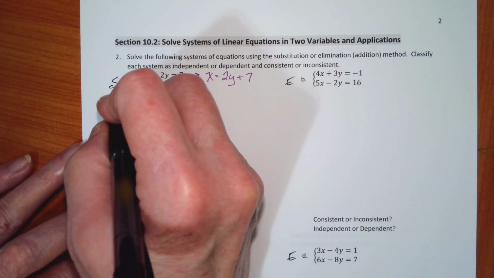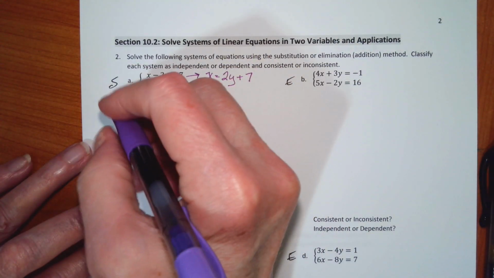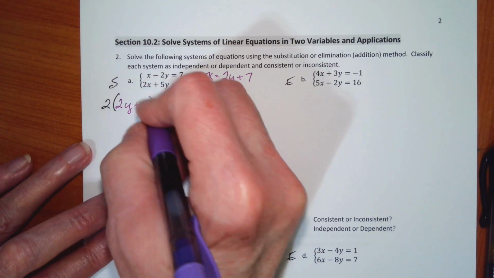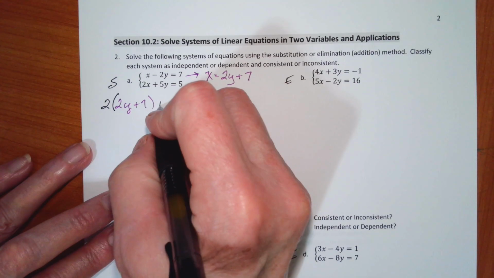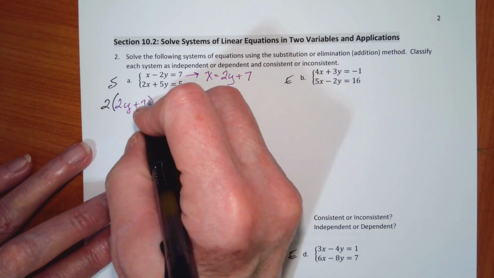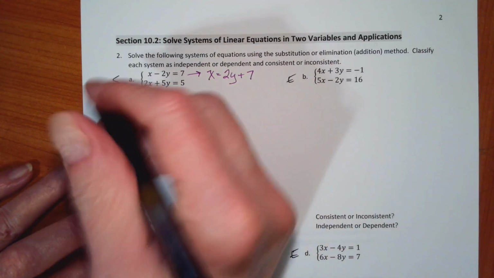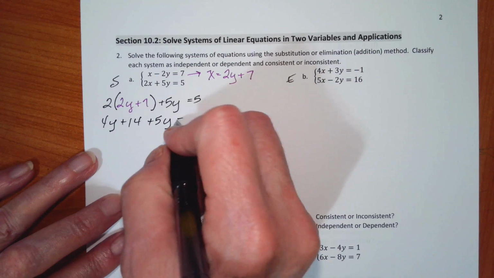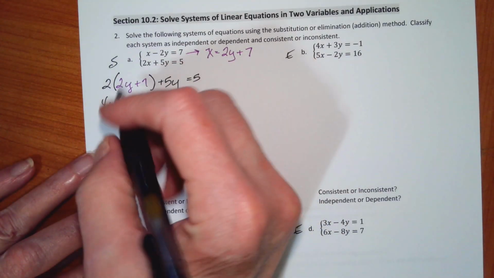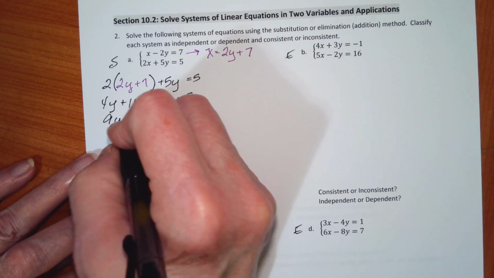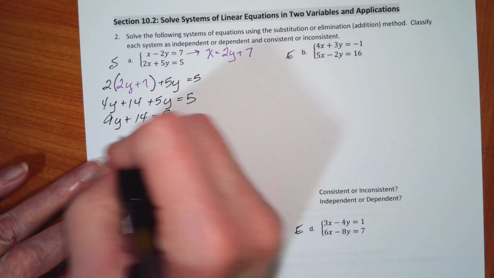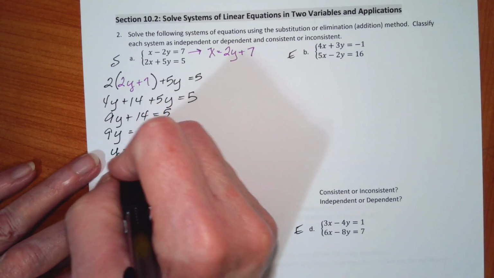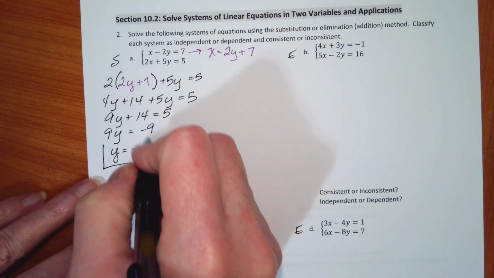So I have 2 times 2y plus 7 plus 5y is equal to 5. Okay, now I'm going to solve for y. So that gives me 4y plus 14 plus 5y is equal to 5. 9y plus 14 is equal to 5. 9y is equal to negative 9, so y is equal to negative 1. So I'm halfway home.